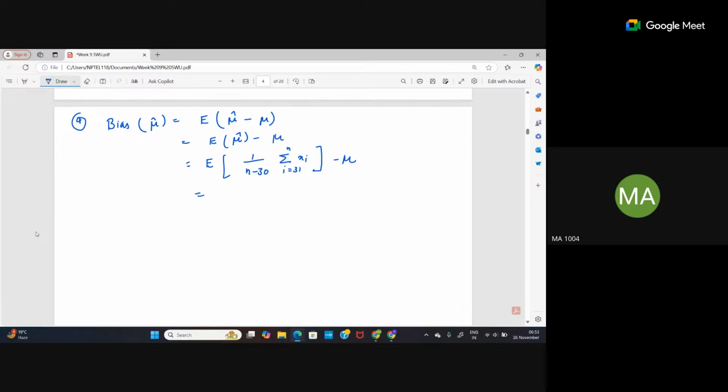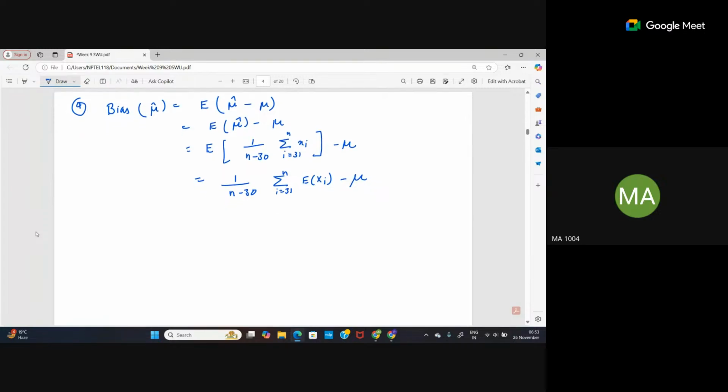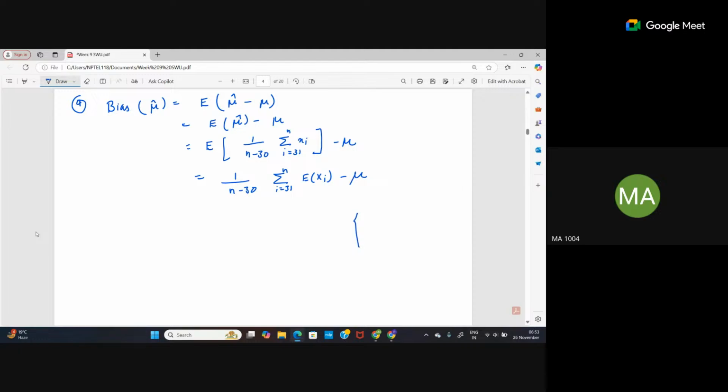So 1 upon n minus 30 is a constant, so I can write it outside the expectation. And this will be the summation of the expectation of xi. Is this clear? How I have written this line? You can understand it like this: the summation of xi will be x1 plus x2 up to xn, and you are taking the expectation over the summation.